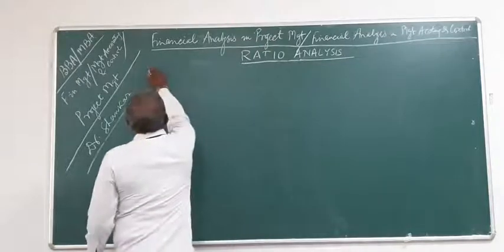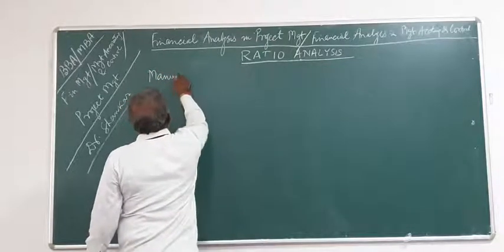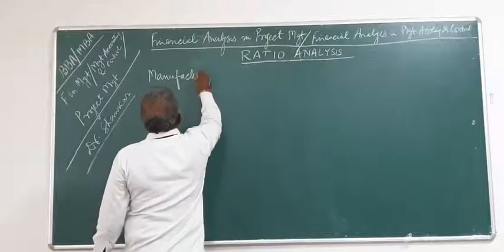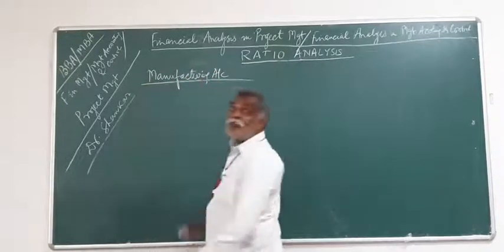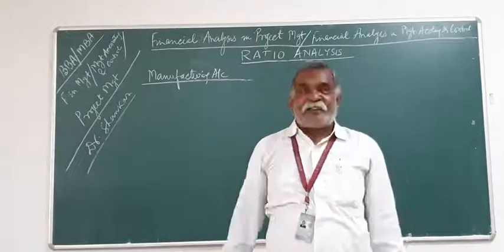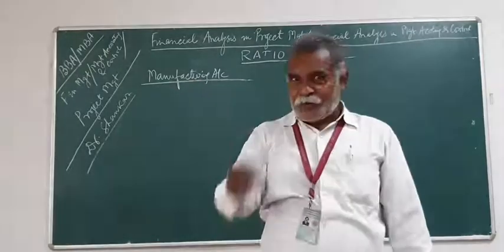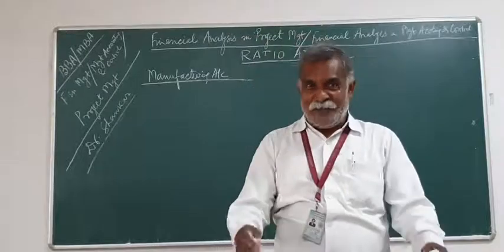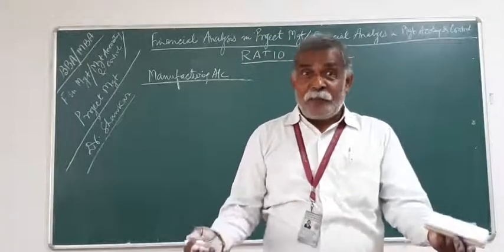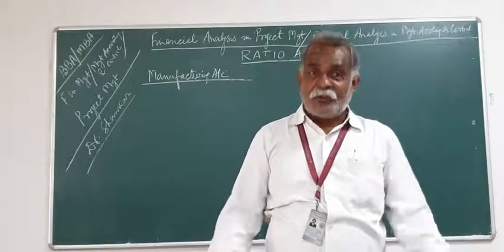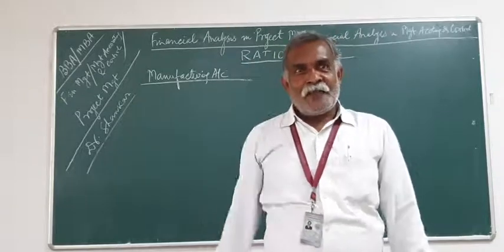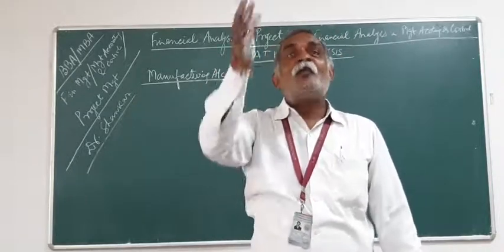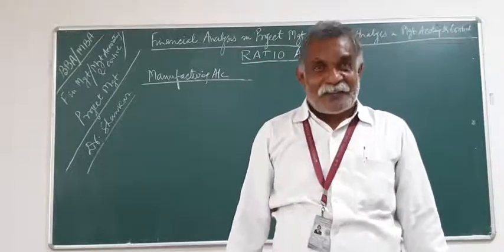First of all, I want to discuss manufacturing account. Maybe you never studied manufacturing account separately because you are from BCom, maybe. And if you are from BBA, then maybe the teachers taught you manufacturing account. Otherwise, straightaway trading account. And you forget how you calculate cost of production.